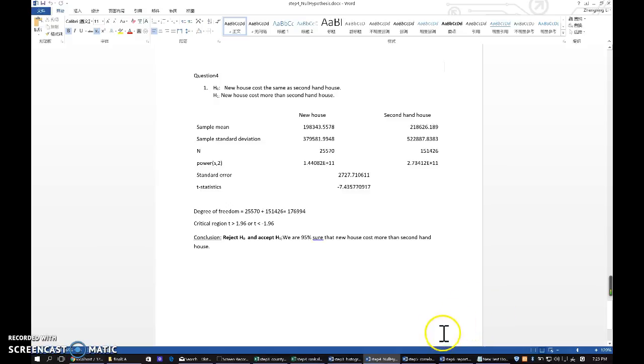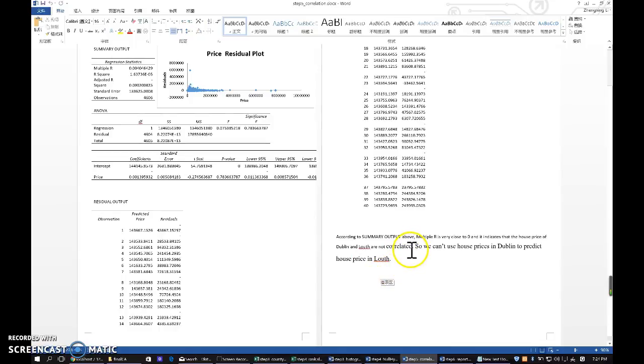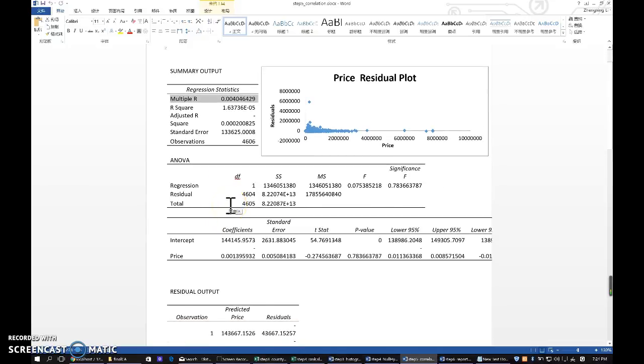And next I'm going to discuss the correlation between house prices in Dublin and Louth. According to the summary output above, multiple R is very close to 0, and it indicates that the house prices in Dublin and Louth are not correlated.